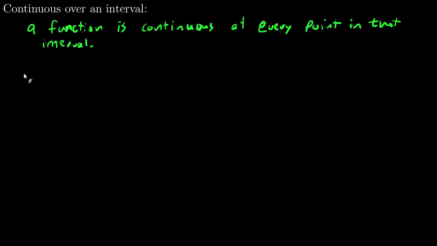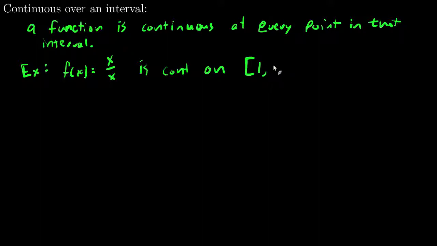And so, for instance, let's just do f of x equals x over x. So this is continuous on the interval, open or closed, I'll make it a half open interval from 1 to 3.